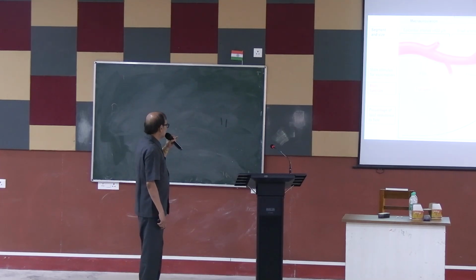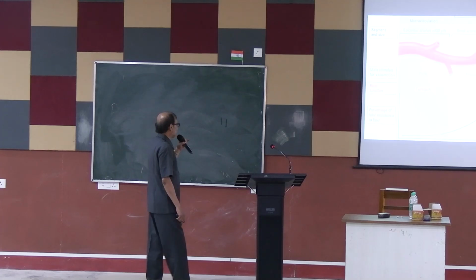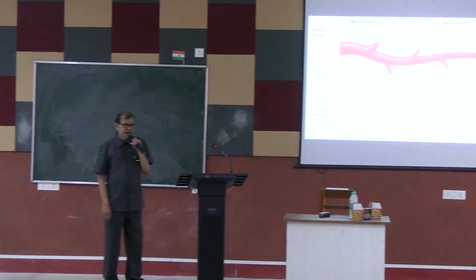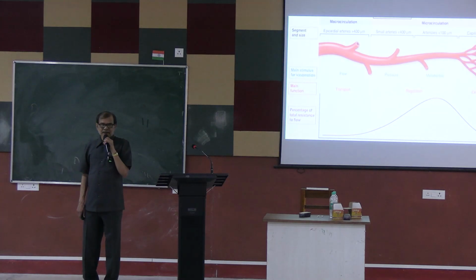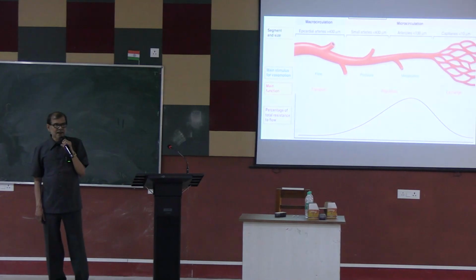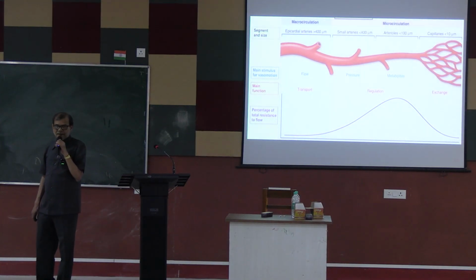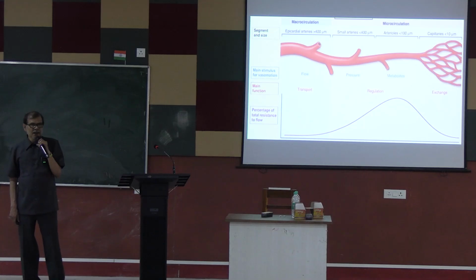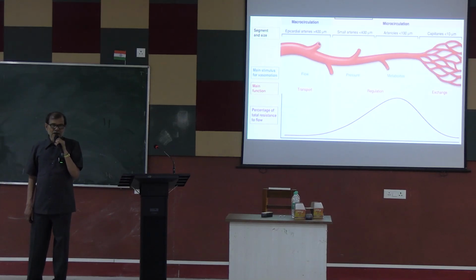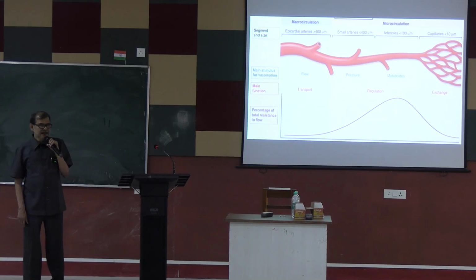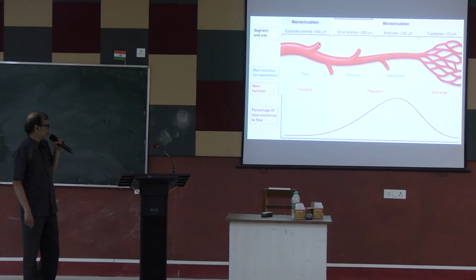Now, percentage of the total resistance to blood flow. The diagram shows a minimum level of resistance at the level of epicardial coronary arteries, that is R1. Maximum resistance is between R2 and R3. So blood flow is also dependent on the degree of resistance in the vascular bed.